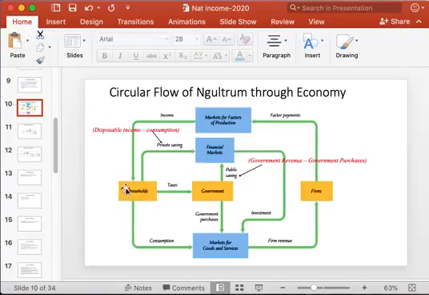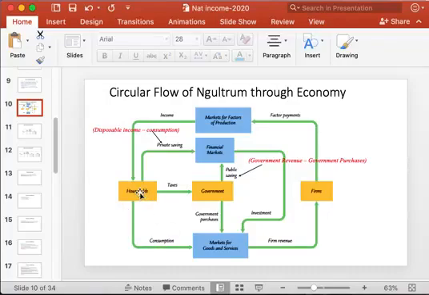So you can see the households get the income, for example, by contributing labor to the firm here, with the payment from the firm as factor payment to the households here. So the households get the income here, and that income gets divided into the private saving, taxes and consumption.